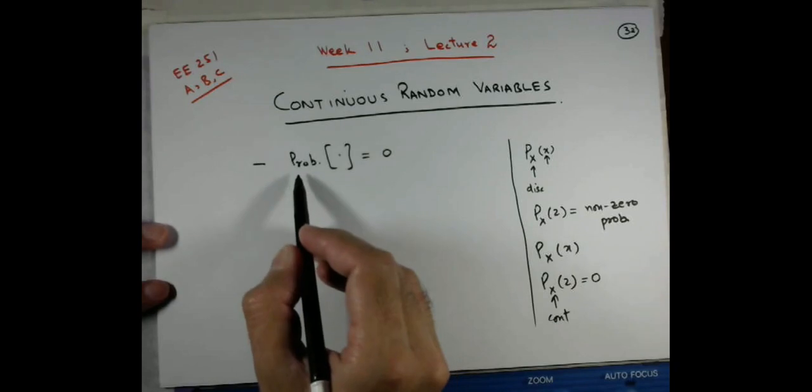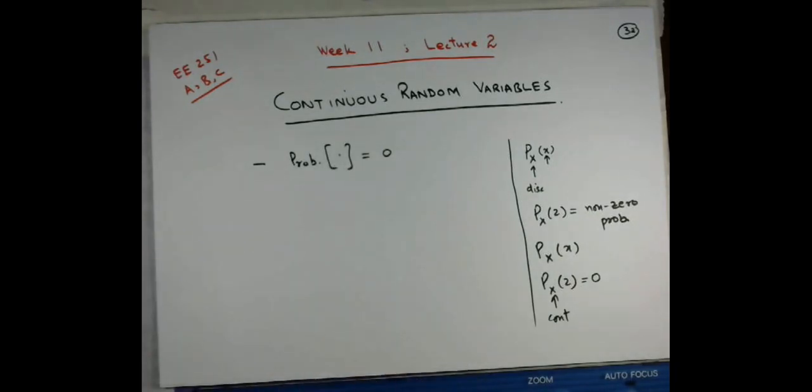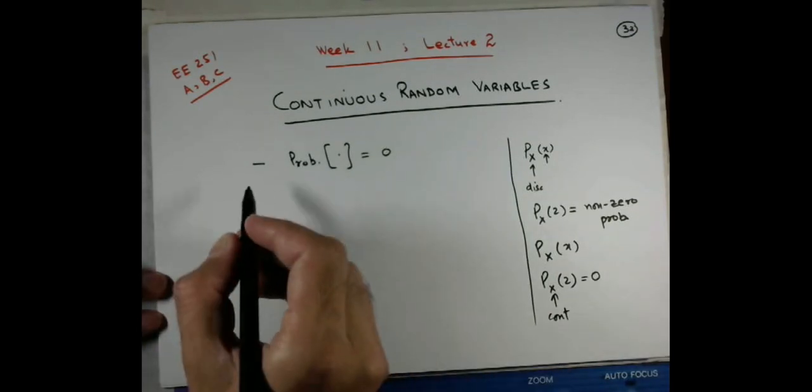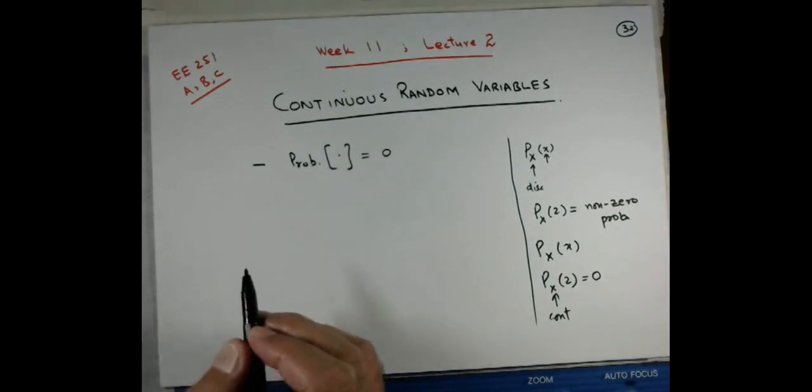That is why I wrote that the probability of a particular point in a continuous distribution is 0. How we describe a continuous distribution, I'll show you at some stage in this course. So this is the first important point to be kept in mind.